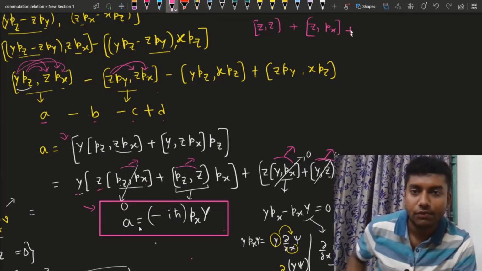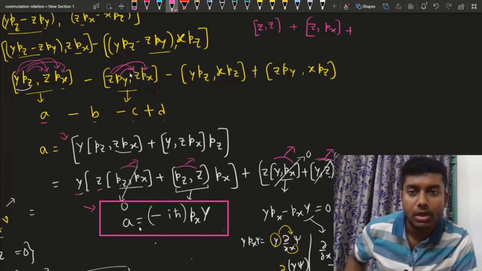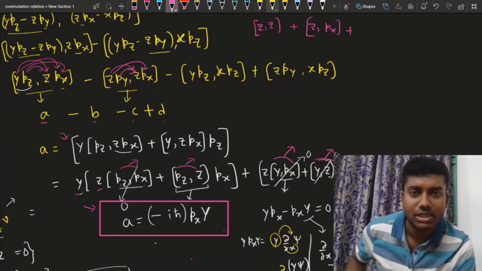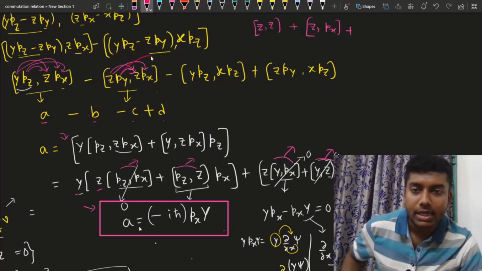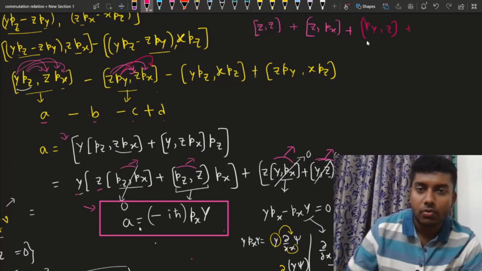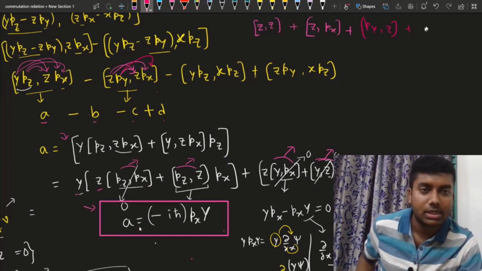Similarly, I'm doing this first. Now py comma z, I'm just changing the color to make it clear. Py comma z, and there is the last term, which is py comma px.